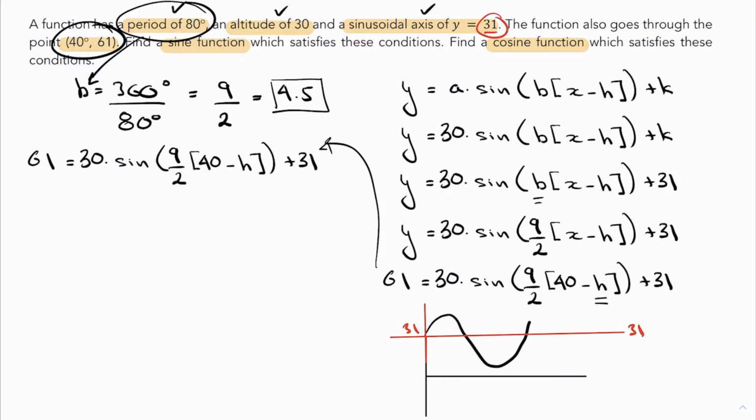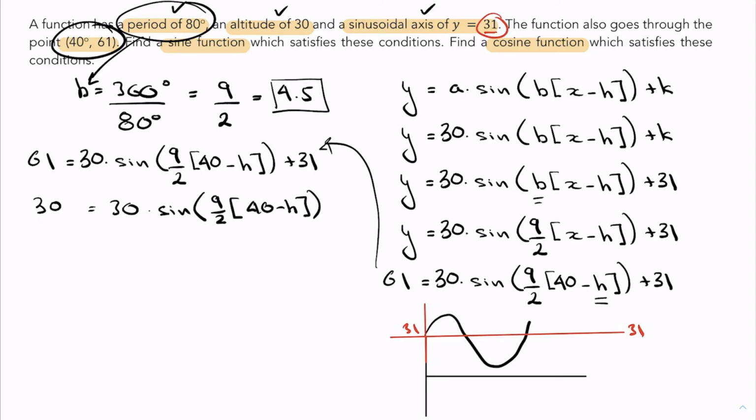So I'll start by bringing the 31 over. So I'll have 61 minus 31 equals 30 times sine 9 over 2, 40 minus h, or 61 minus 31 just becomes 30.